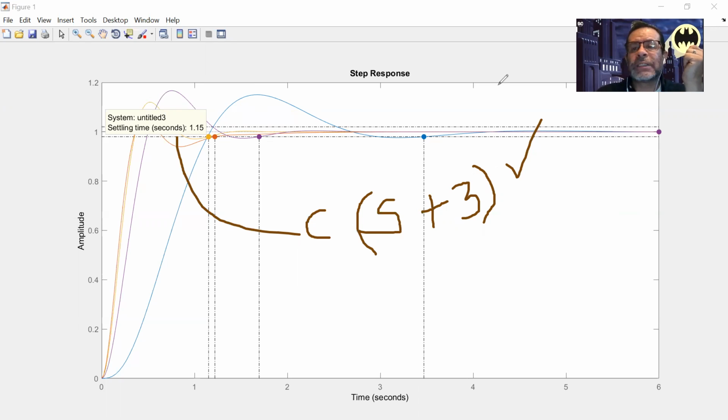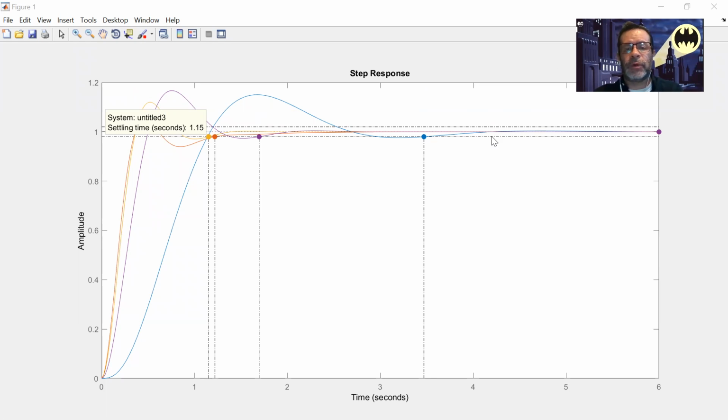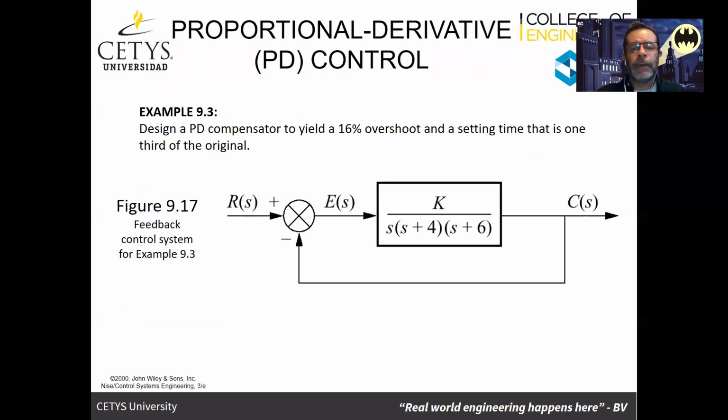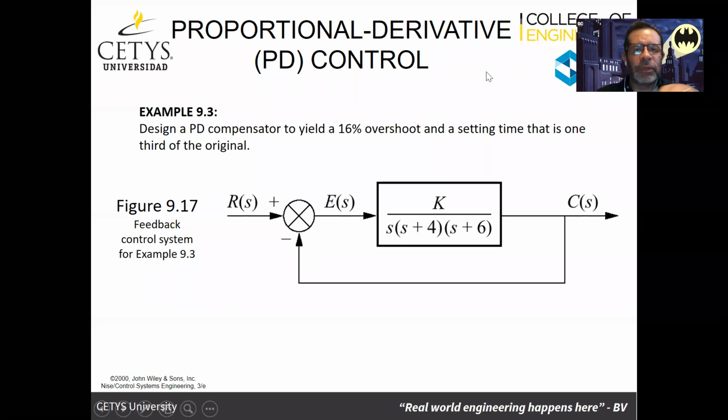Okay, so that's what we were doing, some tuning. The whole explanation of this is also in the PowerPoint, but it's not with the Matlab. It's with the graphs from the book.